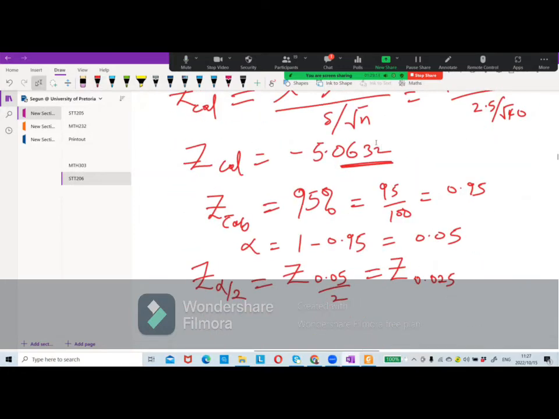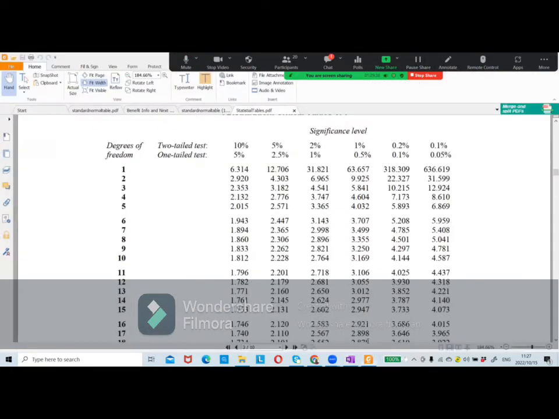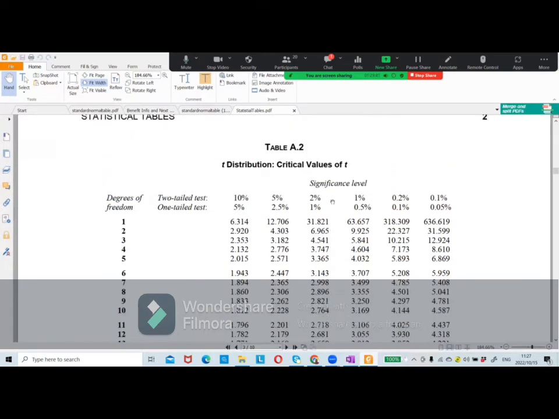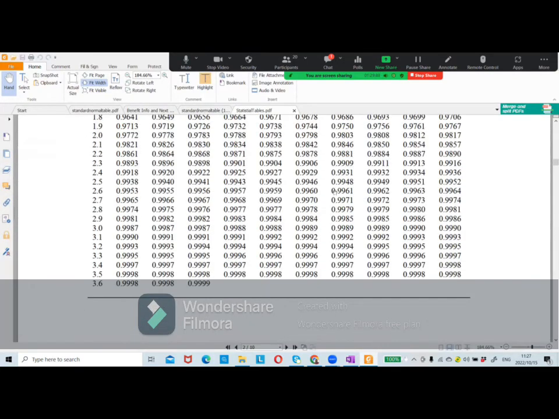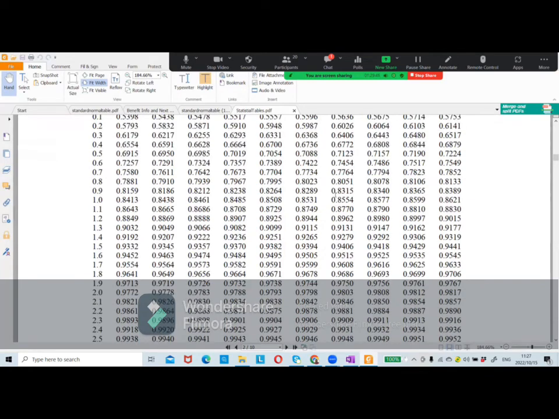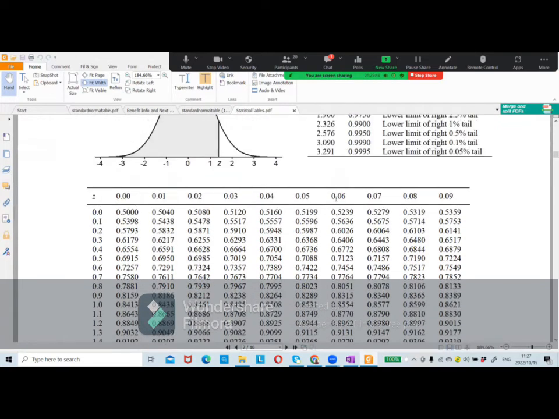Now, we need the Z tabulated, which is alpha divided by 2. The way we do it in interval, we do the same thing here. But the difference is we now go to the table. Can you see my table? Yes, sir. In my table, what is my alpha?